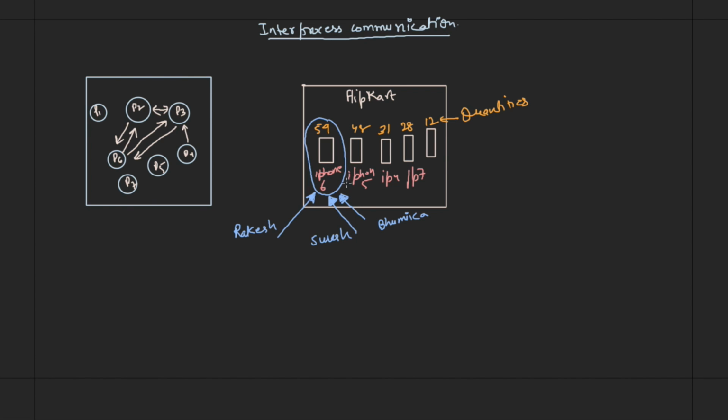Let me tell you what a shared variable or shared resource is. Suppose you have a main function, and somewhere in the program you have a statement: phone quantity = phone quantity - 1. If Rakesh is going to buy this phone, he will make phone quantity equal to phone quantity minus 1, reducing the quantity to 58, and so on. So these people can reduce the quantities.